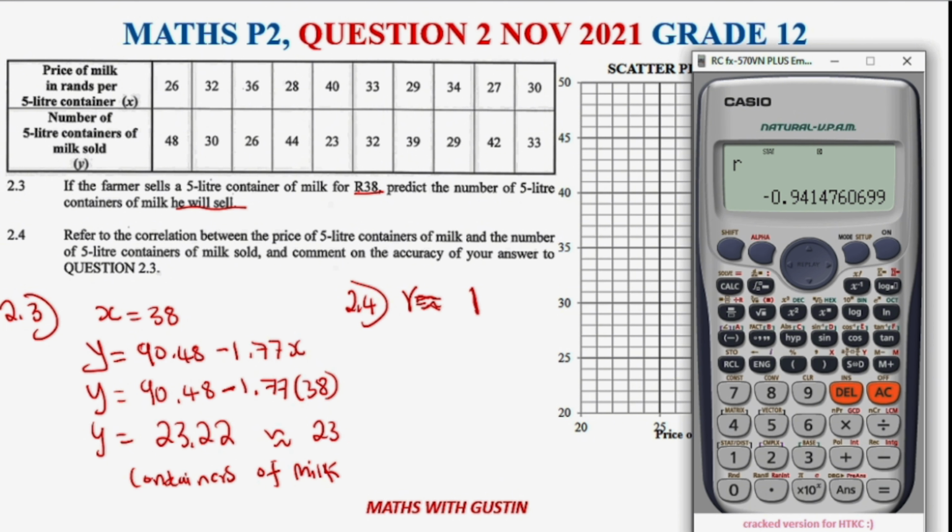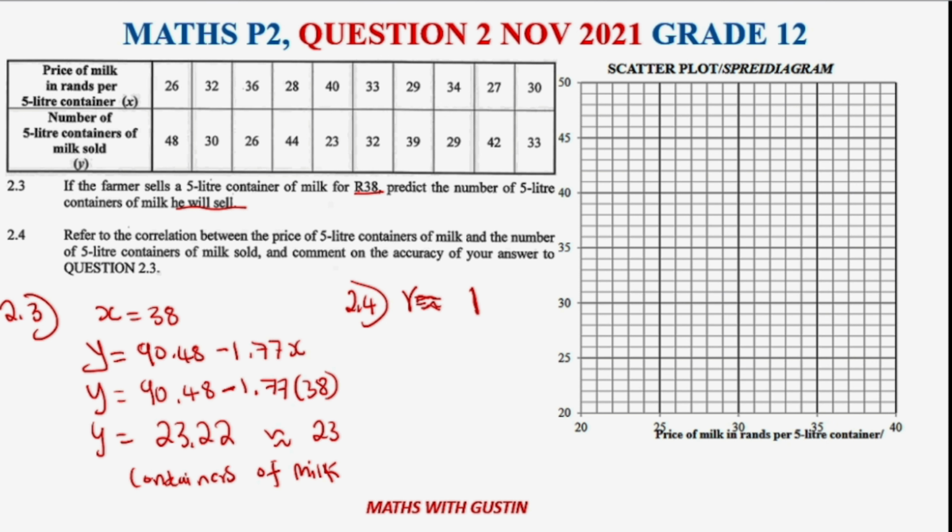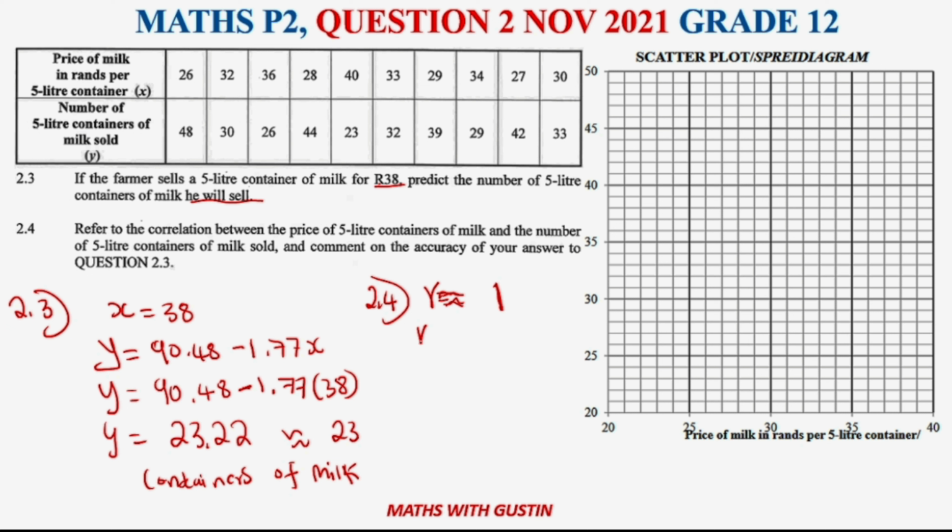All right, so let's go ahead and therefore answer 2.4. Okay, our R value is equal to negative 0.94. Okay, what does this mean? This means that there's a very strong negative correlation. Okay, so what does this mean?